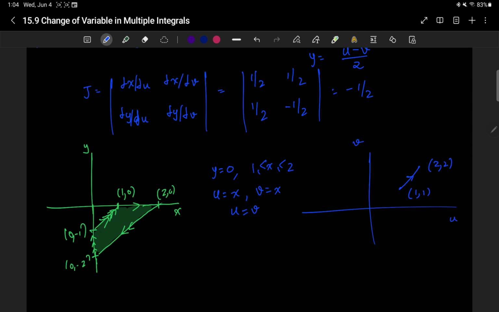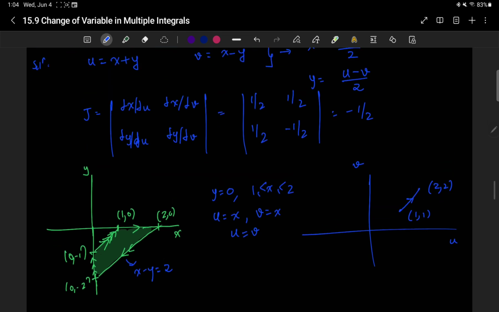Next one, we have this slant line. I can find the equation of this line. This is x minus y equals 2. So if x minus y equals 2, that's already v equals 2.